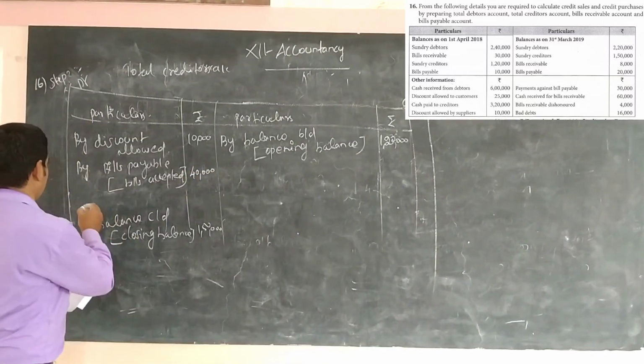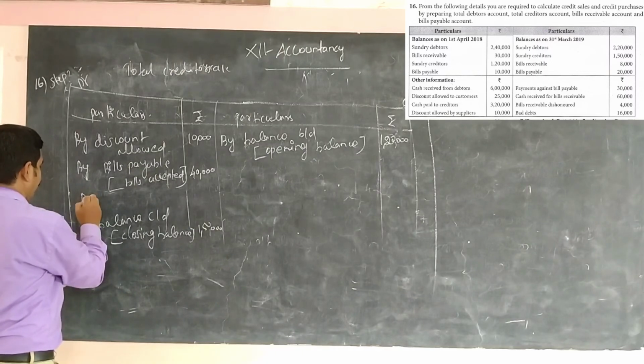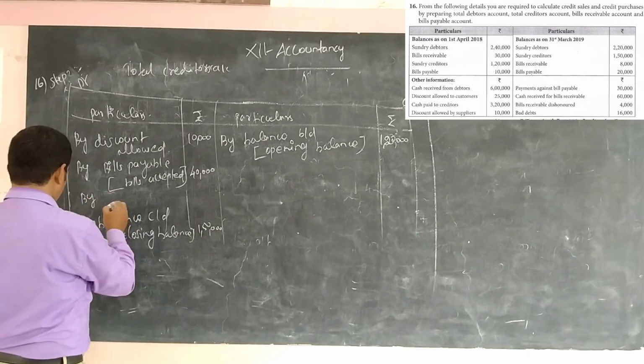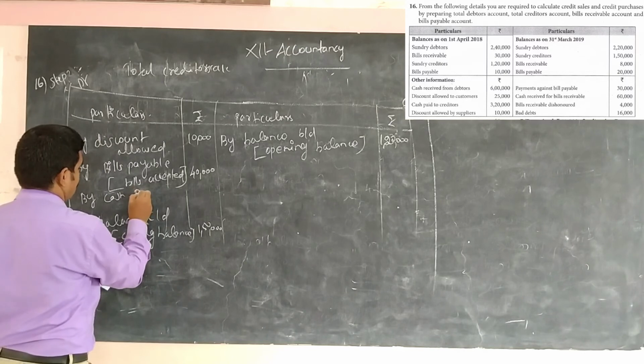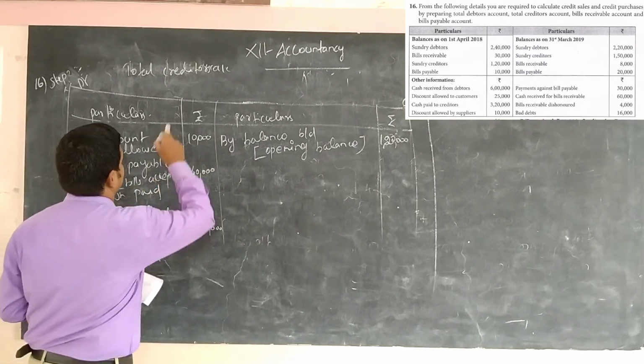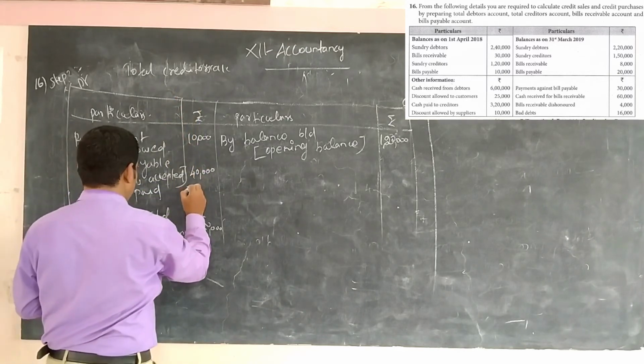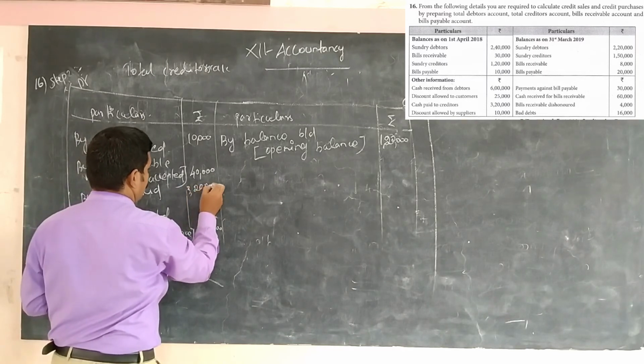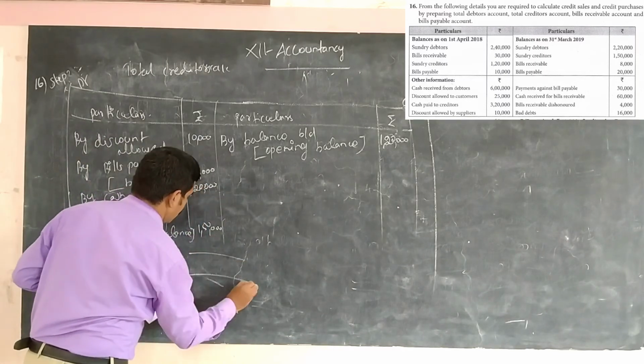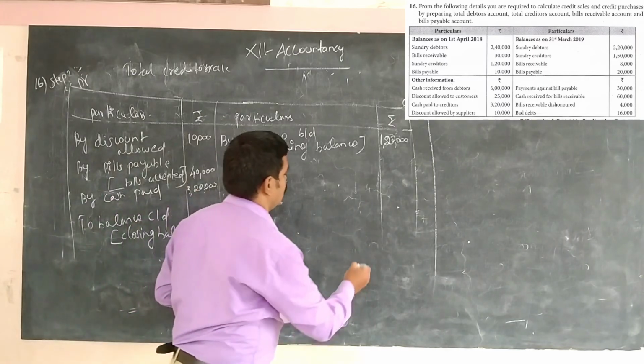Okay, the next amount by cash paid to creditors, the amount is 3,20,000.